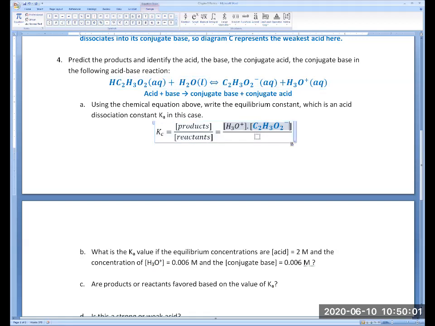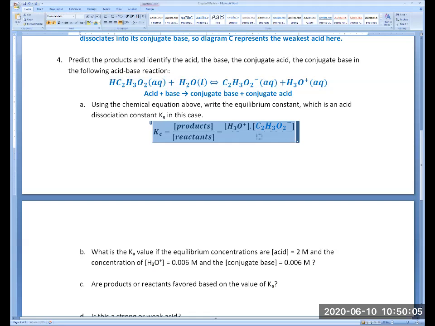Okay, so that's the two products multiplied together. They have no exponent because they have coefficients of 1 in front of them, so they stay like this. And then on the denominator, we have the concentrations of the reactant. Here you have to be careful.